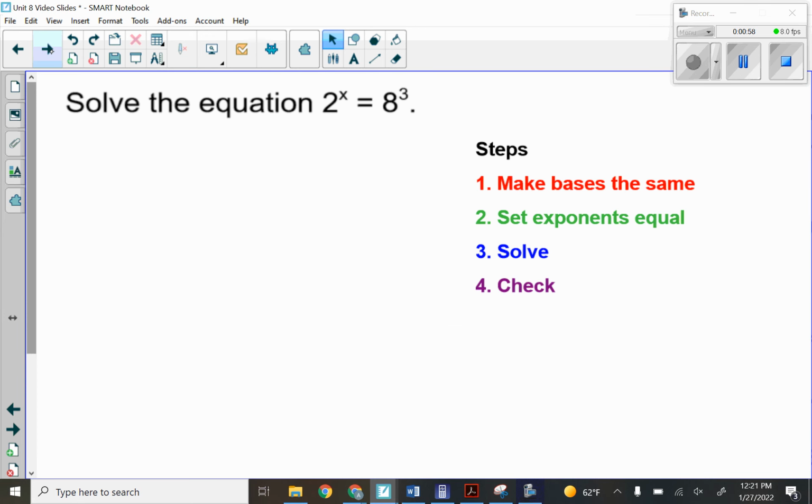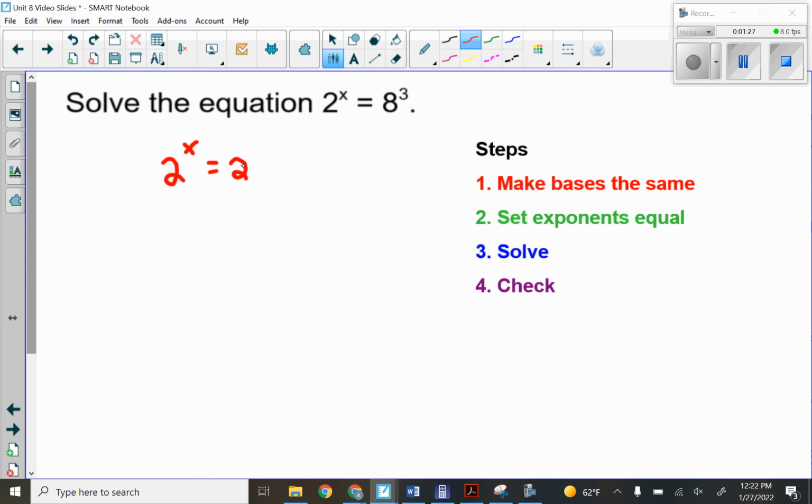We're asked to solve 2 to the x power equals 8 to the 3rd power. So I have our list of steps over here that we'll use. And step 1, we want to make the bases the same. So because the 2 has x on it, we're going to keep it 2 to the x power equals, well, we want to make that 8 have a base of 2.